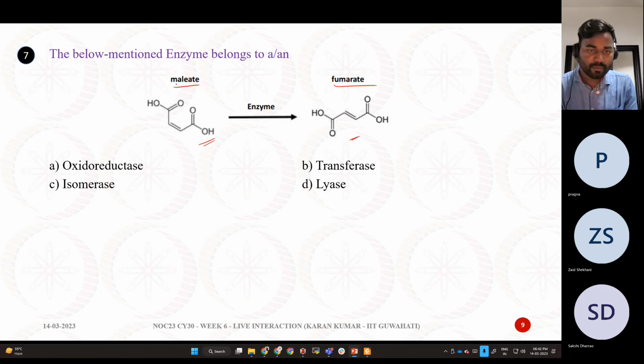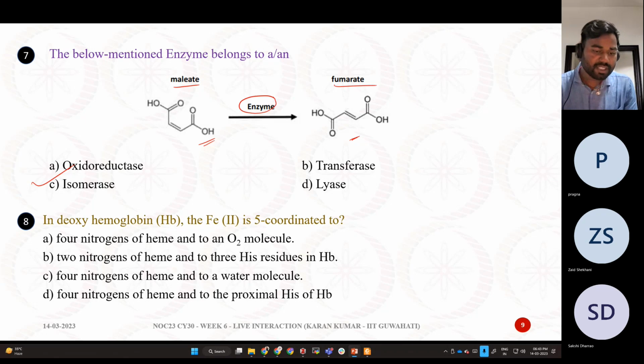Both are isomers, malate and fumarate. This particular enzyme is not adding any group or atom, and it is not cleaving anything, but it is transforming one form to another form. So this class of enzyme will be isomerase, right? And you will call it malate isomerase or fumarate isomerase based on the direction in which it is converting. Okay.